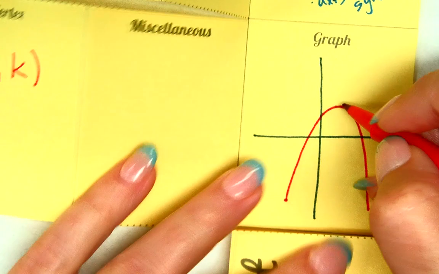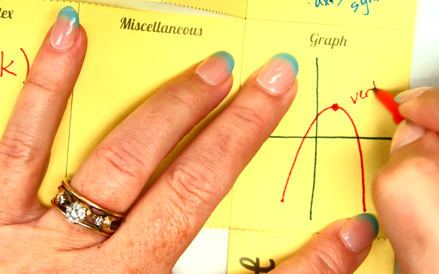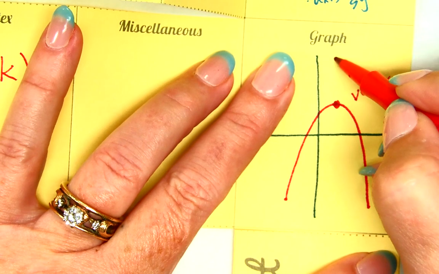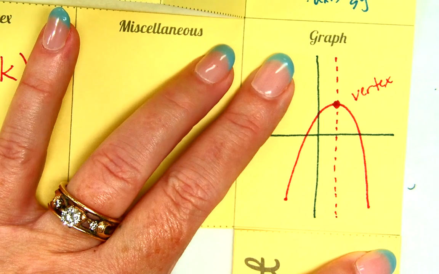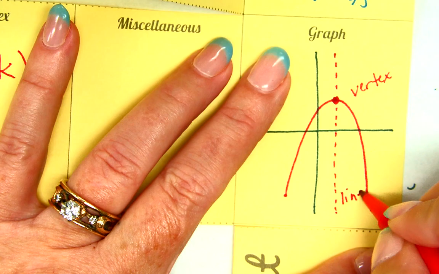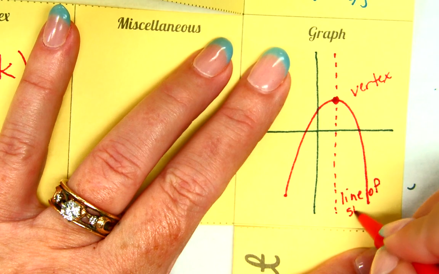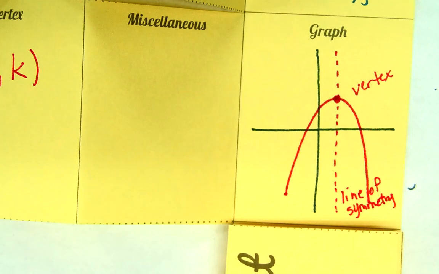Vertex for sure. What about the line of symmetry? There's nothing else though, is there?